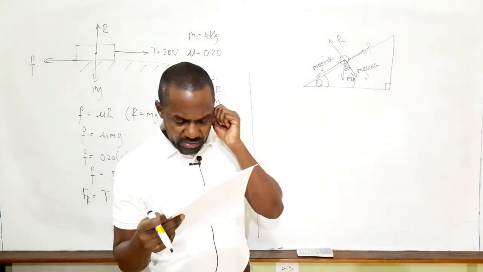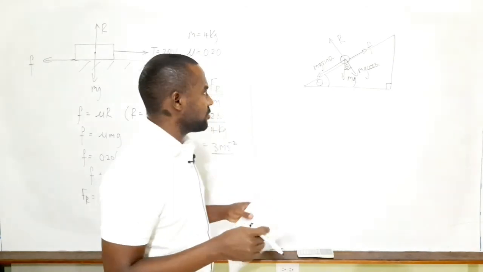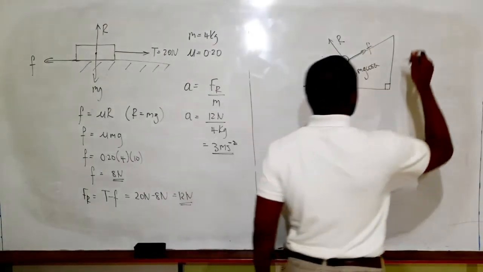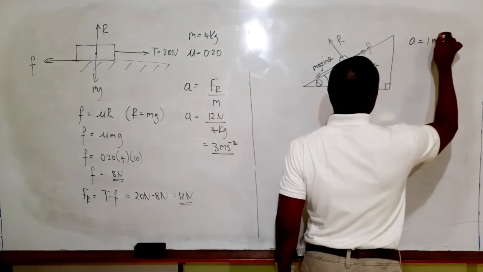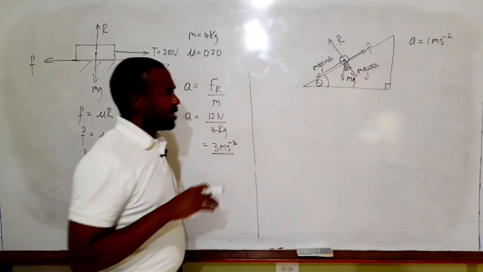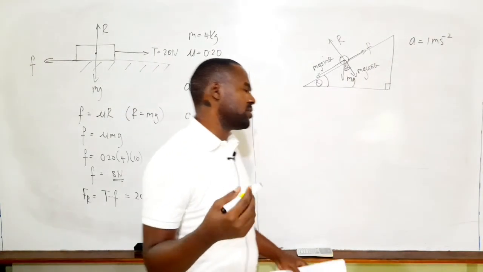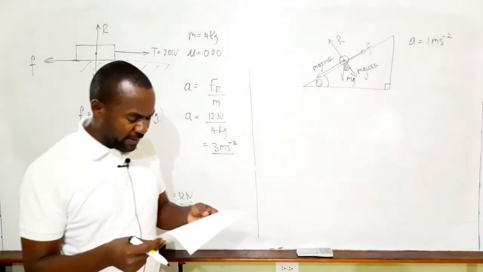So the particle slides on the rough plane, and the acceleration A we're given basically as 1 meter per second squared. It's given as g over 10, but we'll just approximate that to being 1 meter per second squared since we're using g as 10.